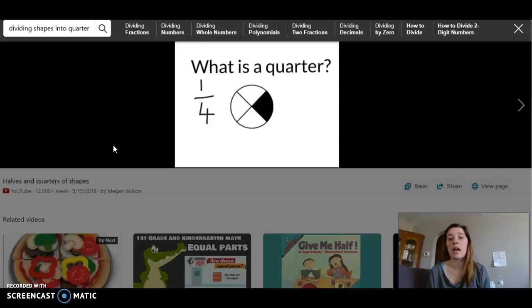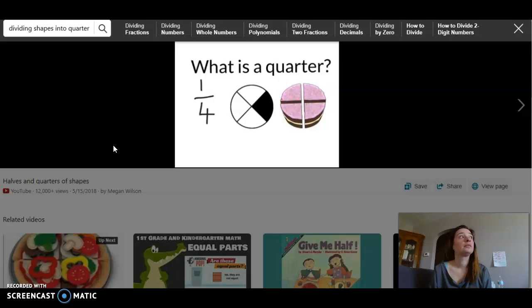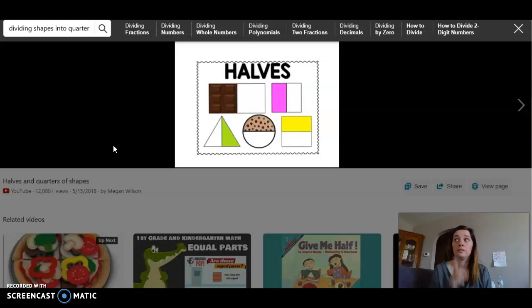Remember, the bottom is the denominator. Same size. Remember, halves are 2.